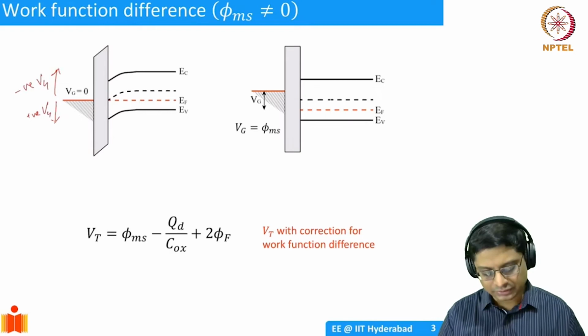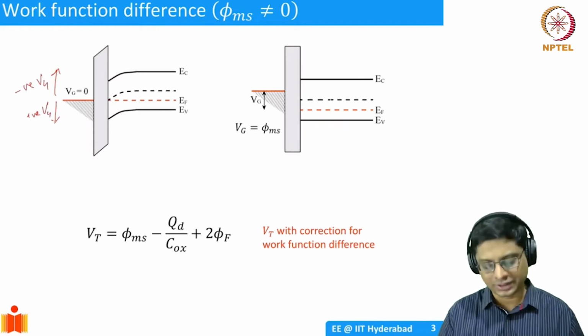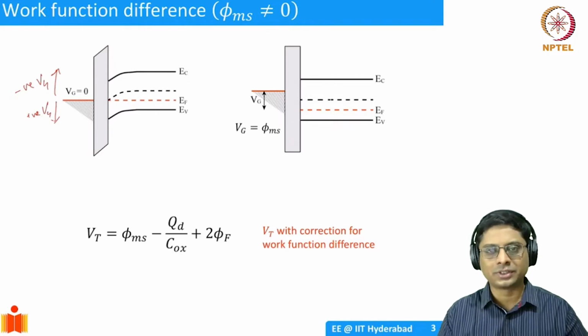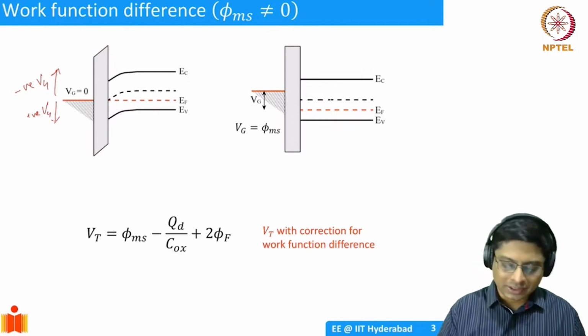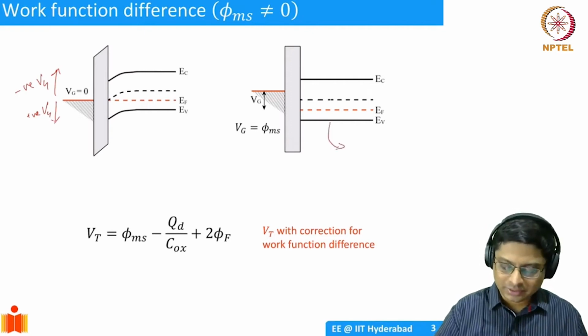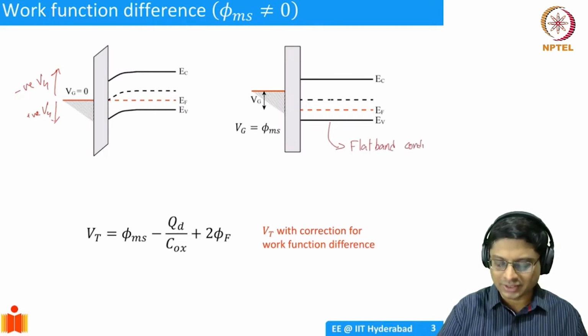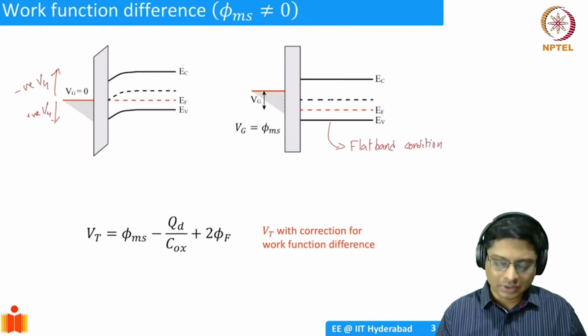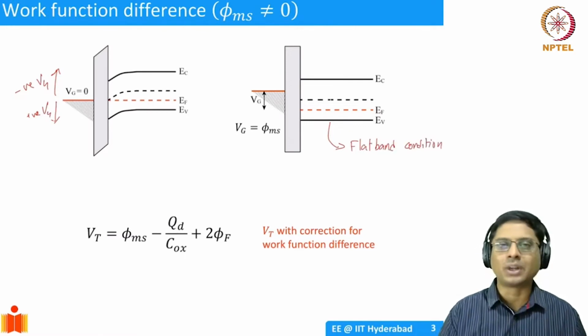So we apply a negative voltage such that you pull the metal Fermi level up. That will force the bands to come into the flat band condition. It's not very complicated: the bands are flat, that's it. So essentially, this was what we wanted initially.